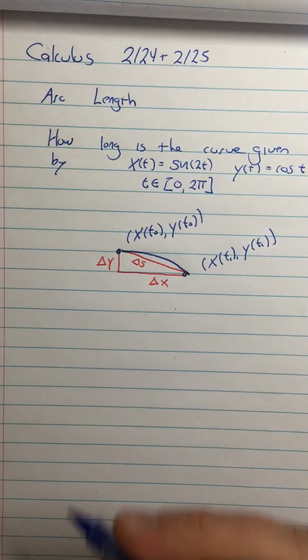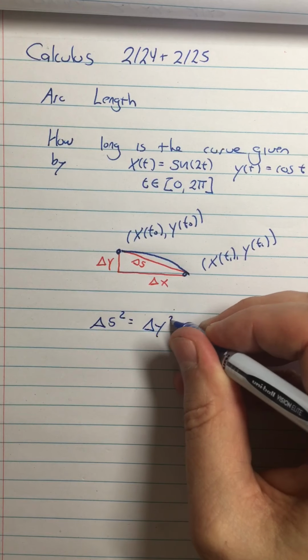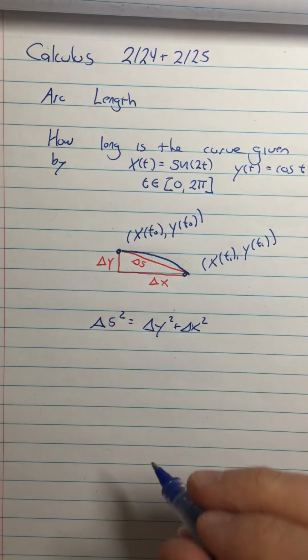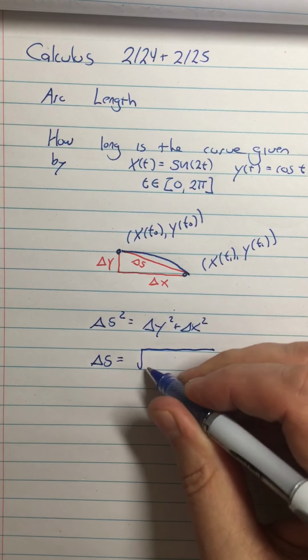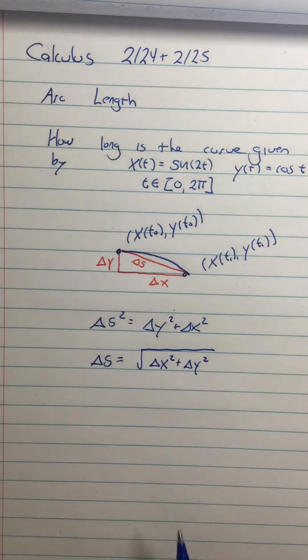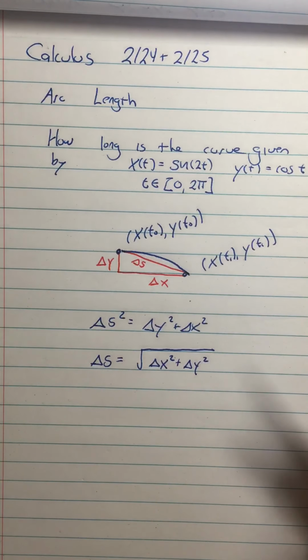So we can say that delta s squared equals delta y squared plus delta x squared. I don't know why I put the y first. I really didn't want to, but I did anyway. So delta s is equal to the square root of, let's put the x first, delta x squared plus delta y squared.